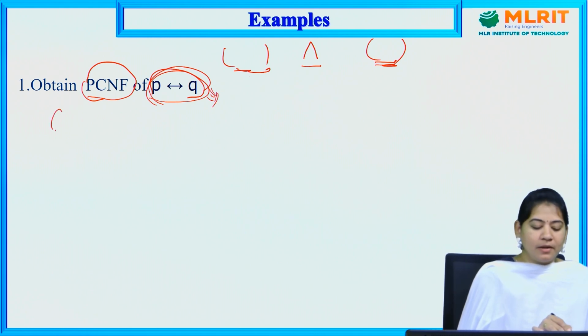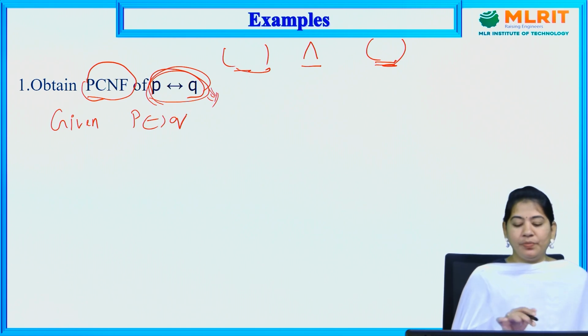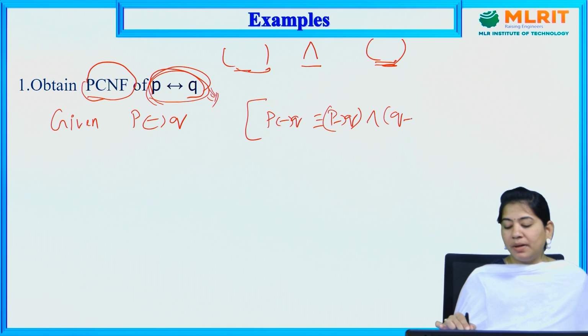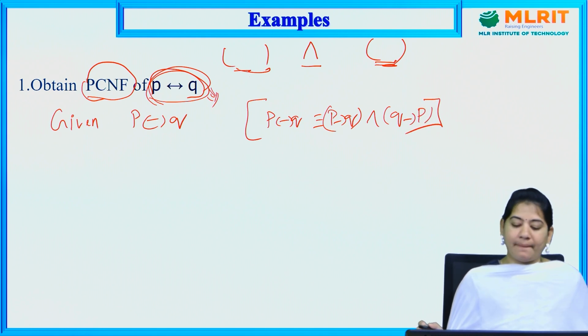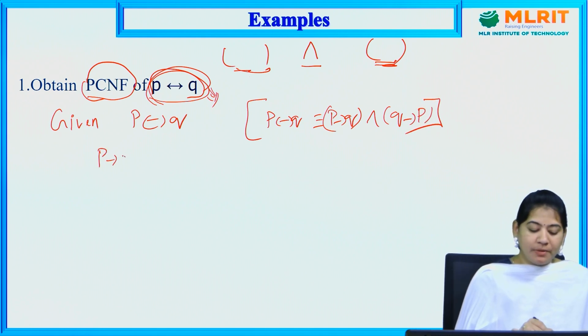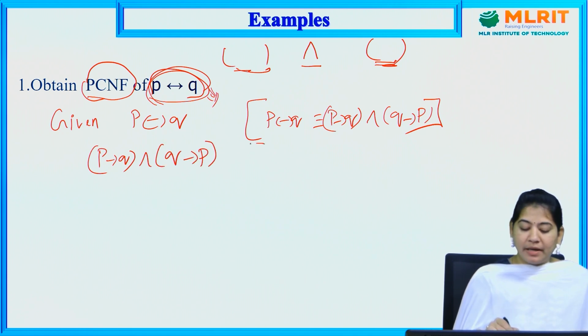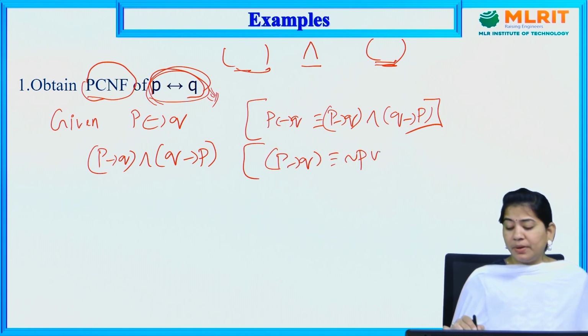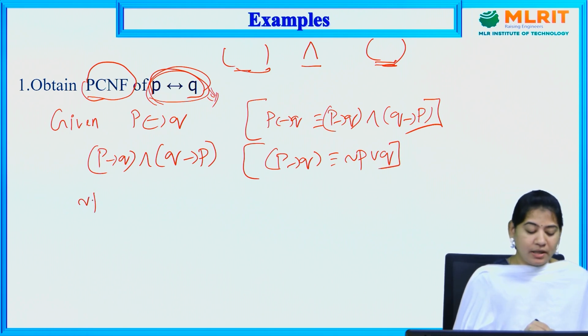Now just note down the given question P if and only if Q. Here we can apply the standard formula: P if and only if Q is equivalent to P implies Q and Q implies P. Again, applying the standard formula P implies Q is equivalent to negation P or Q, we write negation P or Q.